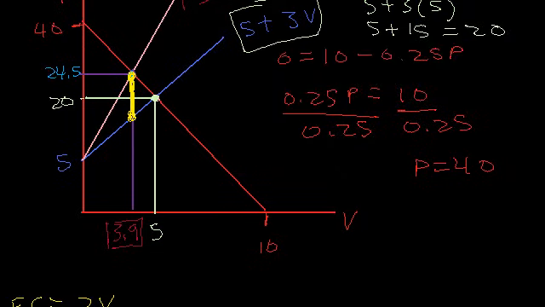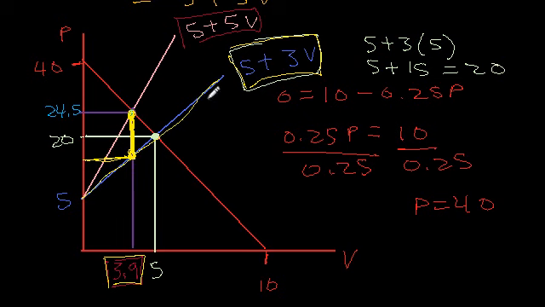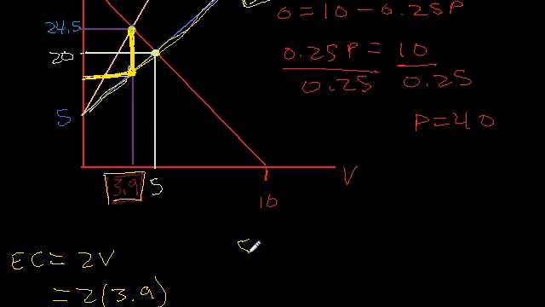And just to double check, we're going to find the price at this point right here. We're going to do that by inserting this value of V into this equation here, right? Because we're using this supply curve right here to find out this value of P. So we're going to use the equation 5 plus 3V, and V in this case is 3.9.